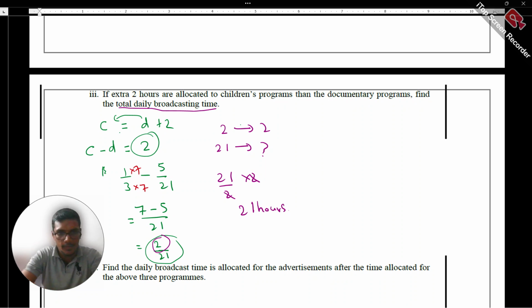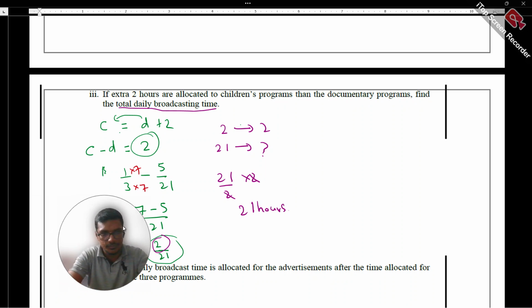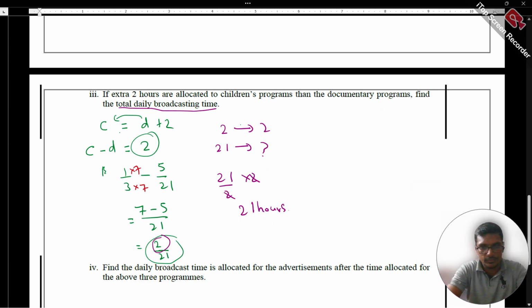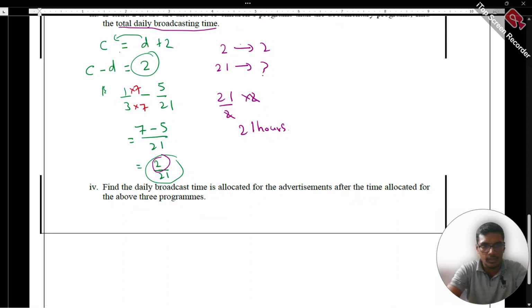Okay, we'll move to the next one. Find the daily broadcast time allocated for the advertisement after the time allocated for the above 3 programs.